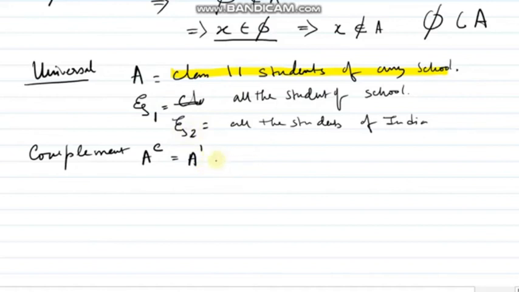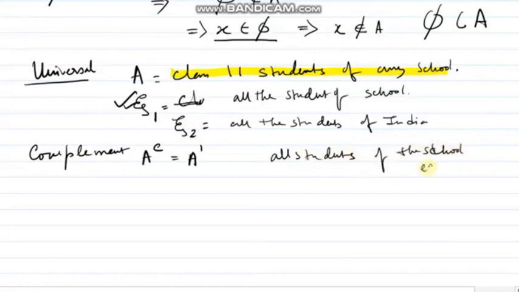So what will be A complement when this is my universal set? At that time my A complement will be all students of the school except class 11. This is my A complement when it is epsilon 1 minus A.